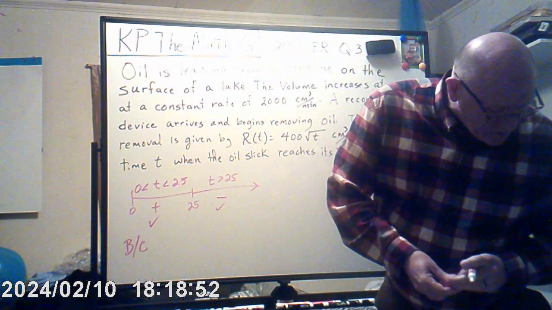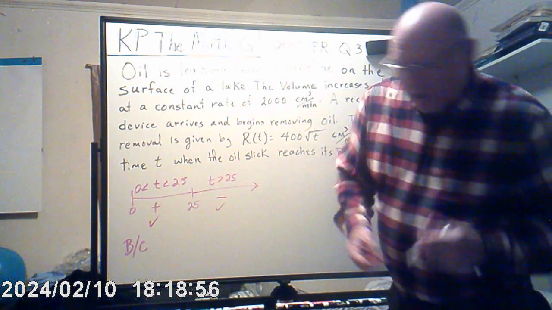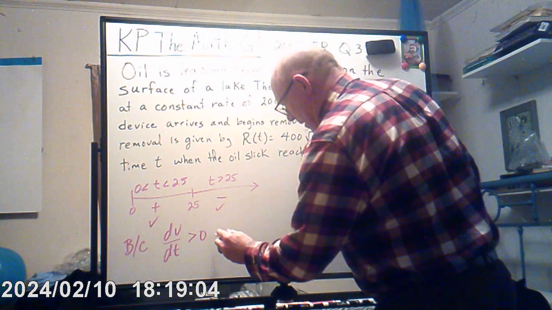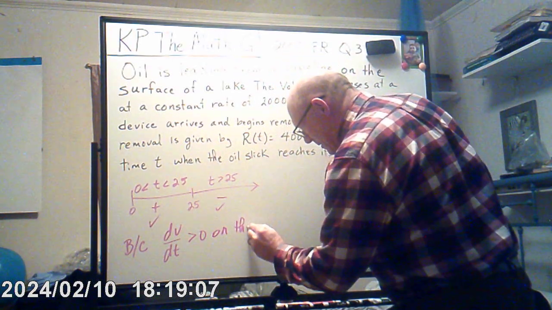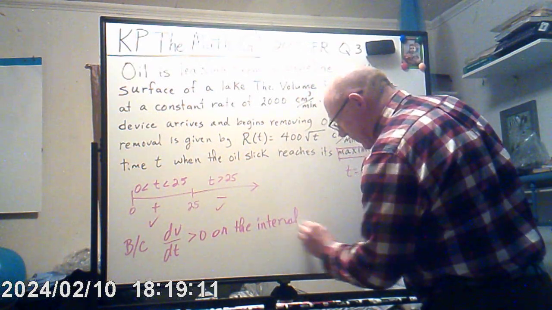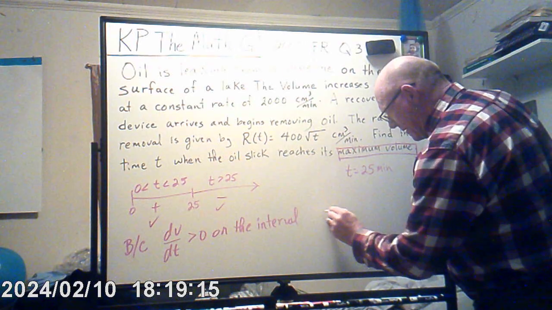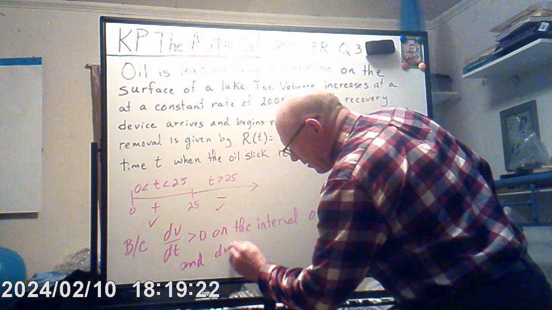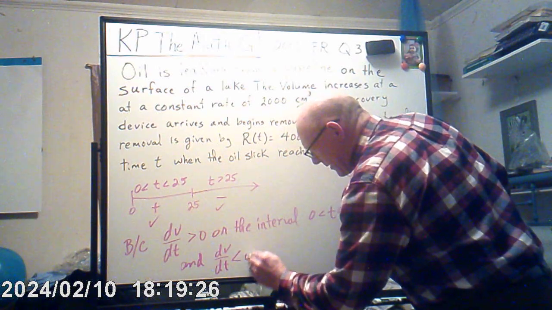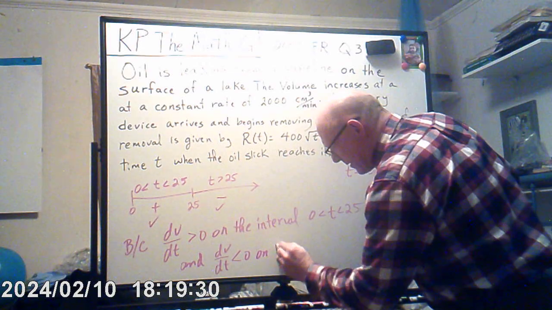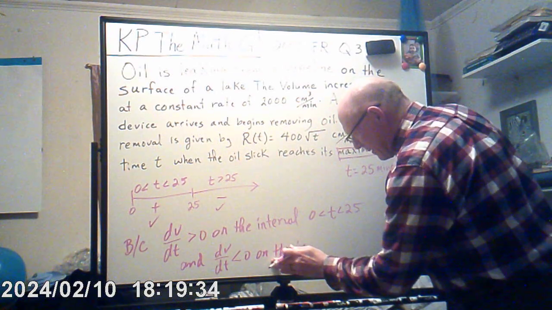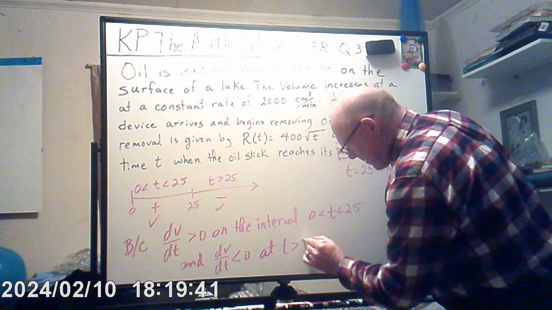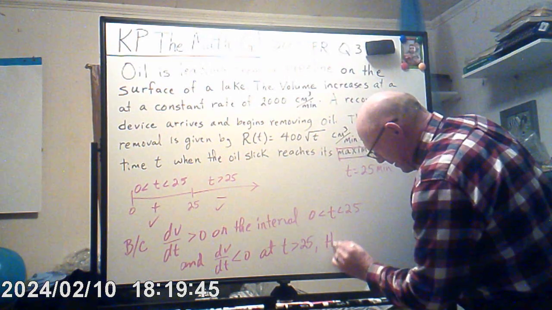Because dV/dt is greater than 0 on the interval t between 0 and 25, and because dV/dt is less than 0 for t greater than 25, then we have a max.